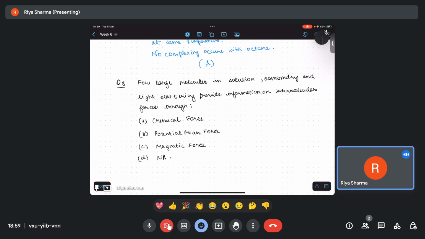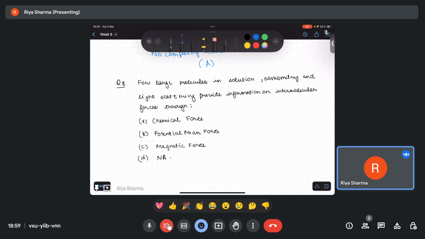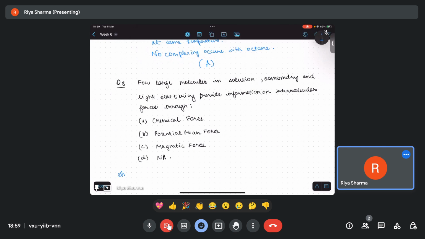This is for learning only, so I am not saying that you should know this, but you should learn that it is the potential of mean force, PMF, what we say. Osmometry and light scattering is the answer for it.